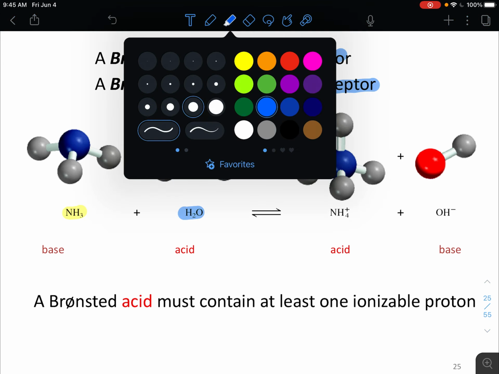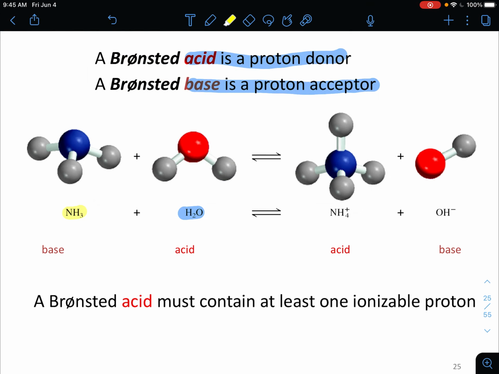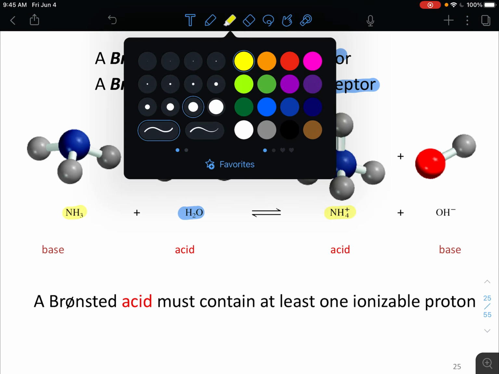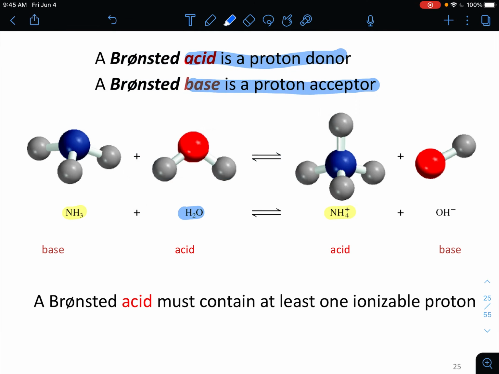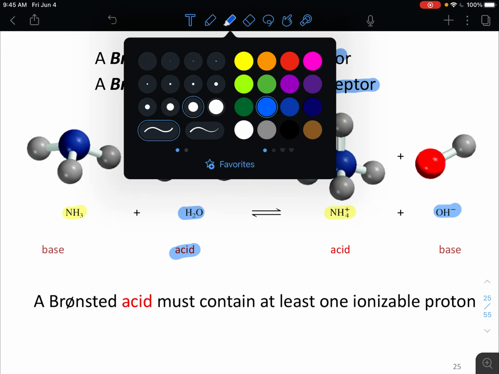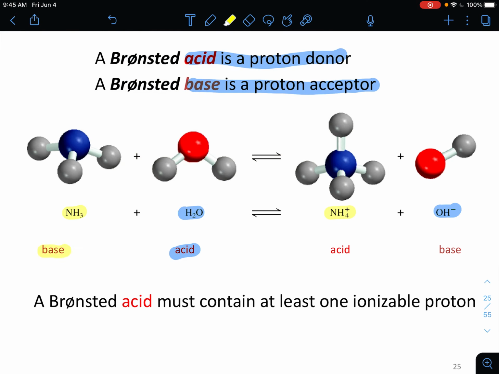So NH3 going left to right in this reaction turns into NH4 plus, whereas water turns into OH minus. So going left to right, we'd say water is behaving as an acid because it's giving away an H plus. Ammonia is behaving as a base because it's receiving that H plus in order to form ammonium.